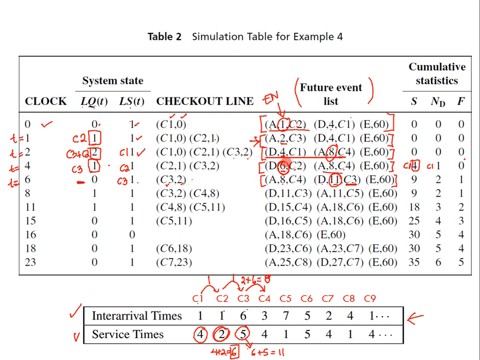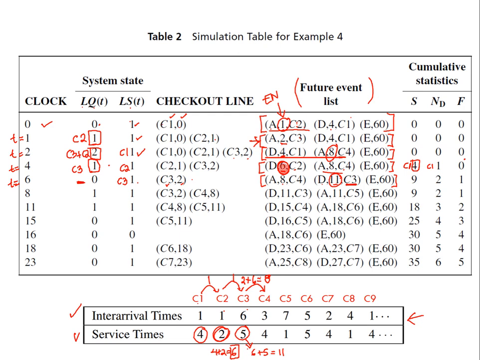How long did customer 2 spend in the system? Okay, so customer 2 departs at time 6, right? When did customer 2 arrive?